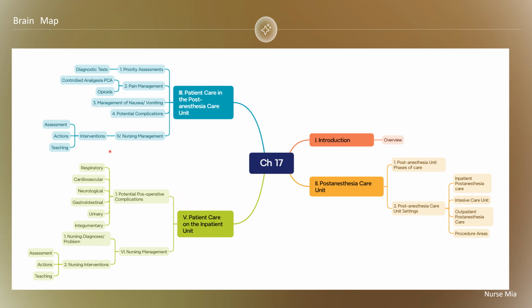And all of them talk about assessment, teaching, everywhere. Then this is 4, patient care on the inpatient unit, and here I put 6 again because it's nursing management, so same as here, and this is the same, but for this category. I hope you understand my little mistake here.